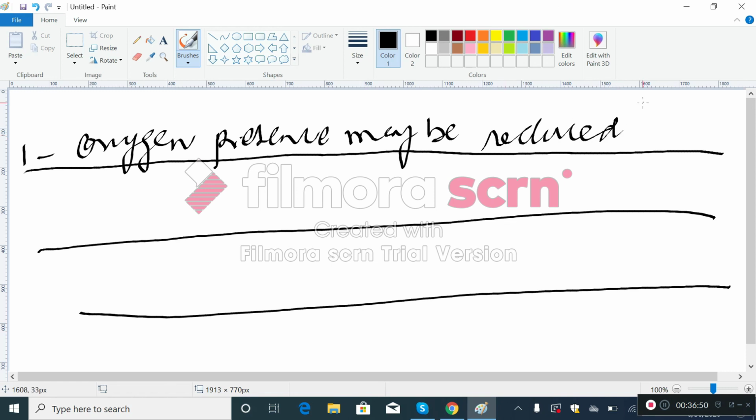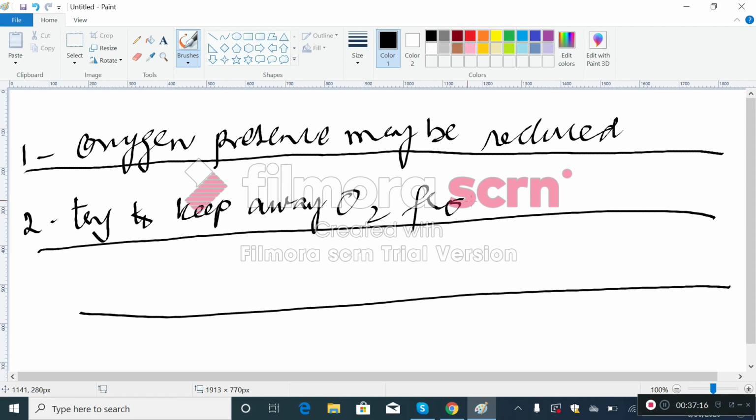We may reduce the presence of oxygen in that environment by using any method, or we may keep oxygen away from the enzymes.